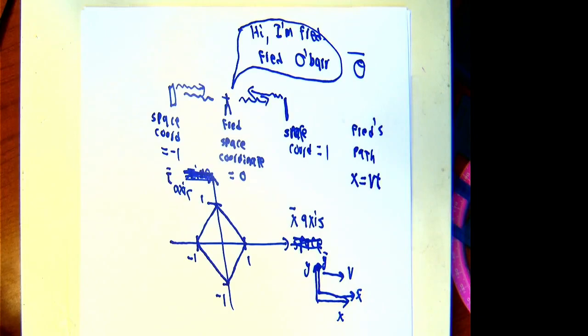Fred's path in terms of the unbarred coordinates is x equals vt. The x-coordinate is the speed times how much time has passed as measured in the unbarred coordinates.